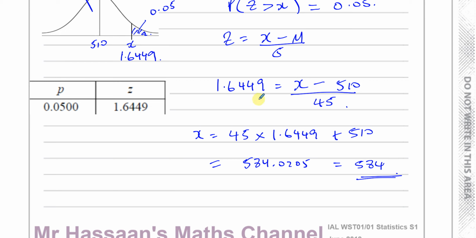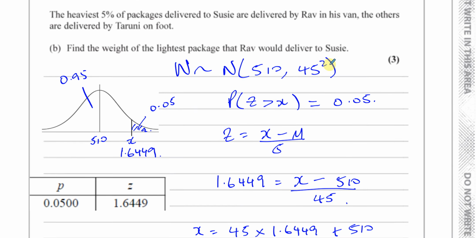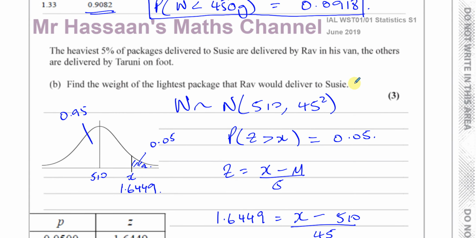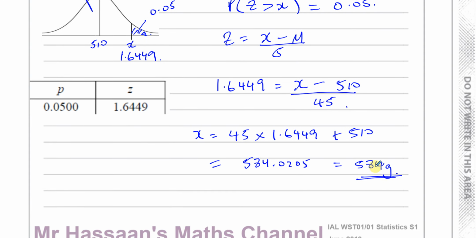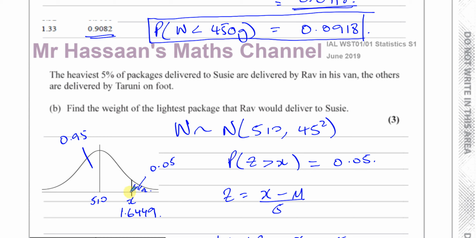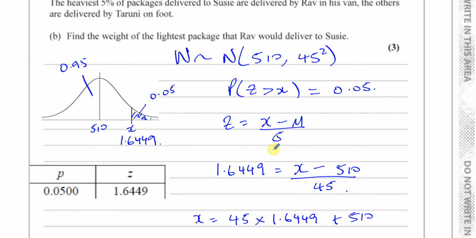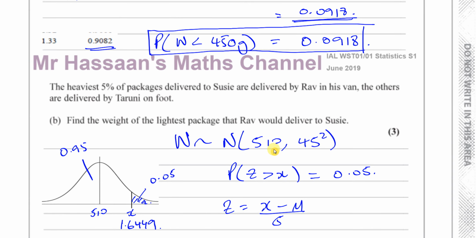That is the lightest of the packages that Rav will deliver to Suzy, because he delivers the heaviest 5% of the packages, and the boundary for that is this 584 grams. So that's the weight of the lightest package that Rav would deliver to Suzy. It's the start of the top 5% of the heaviest packages. So that's part B done.